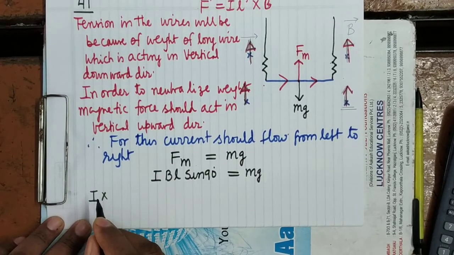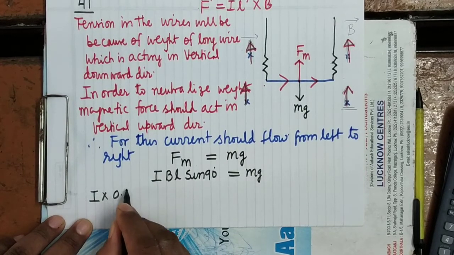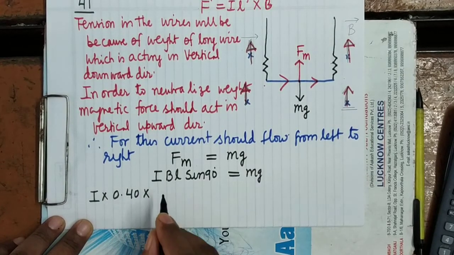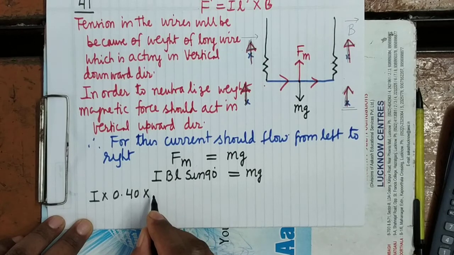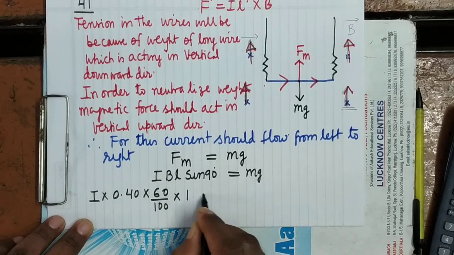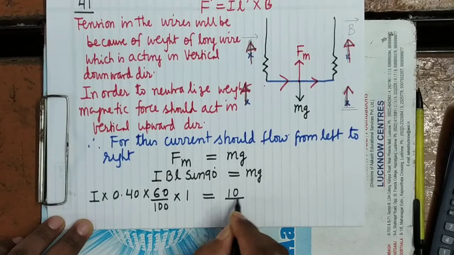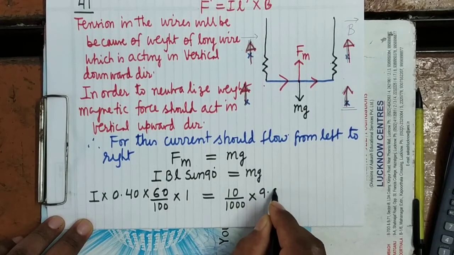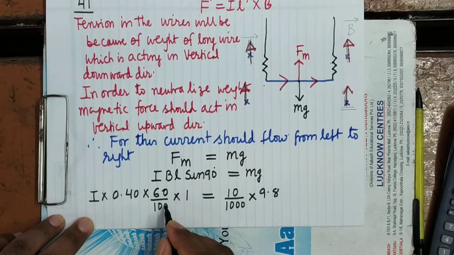B is given 0.40 Tesla, and L is given 60 centimeter. 60 centimeter long wire. Mass 10 gram. Here 60 upon 100. Sine 90 is 1. Mass is 10 gram, that is 10 upon 1000, into g is 9.8.